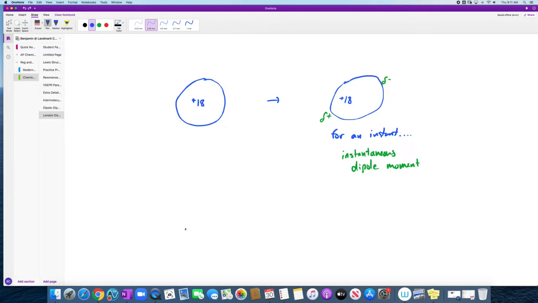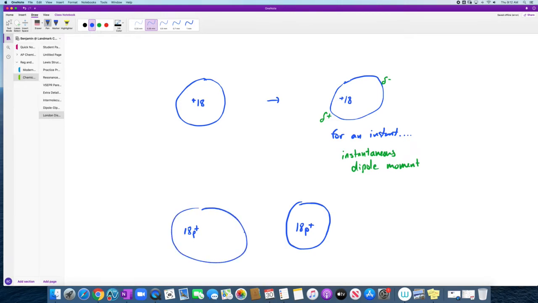So again, argon, 18 protons in the nucleus, and now we've got the second atom nearby. And let's pretend they both start off kind of symmetrical. But now let's say this atom ends up with an instantaneous dipole moment. Just for a brief moment.